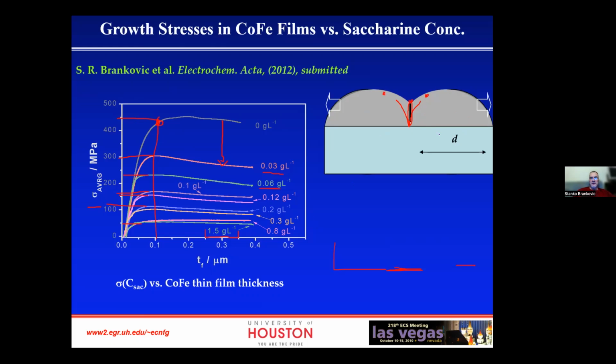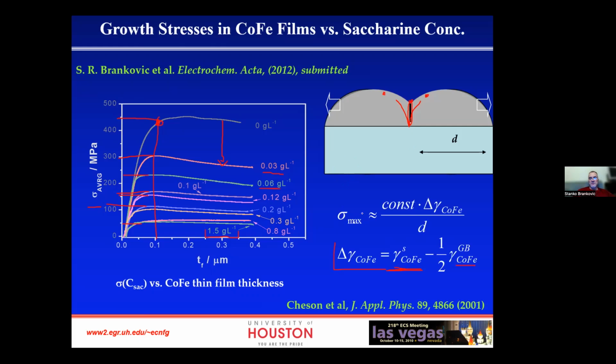And if we recognize that the grain size can be described by some average parameter D, and we look at what the literature says about this process of grain zipping, it turns out that the maximum stress is basically described as some constant, which is related to the shape of the grains, divided by the diameter of the grain and multiplied by this delta gamma term. Now, in this particular case, the subscript describes the material we have the data for, but that could be, in general, any metal we are depositing.